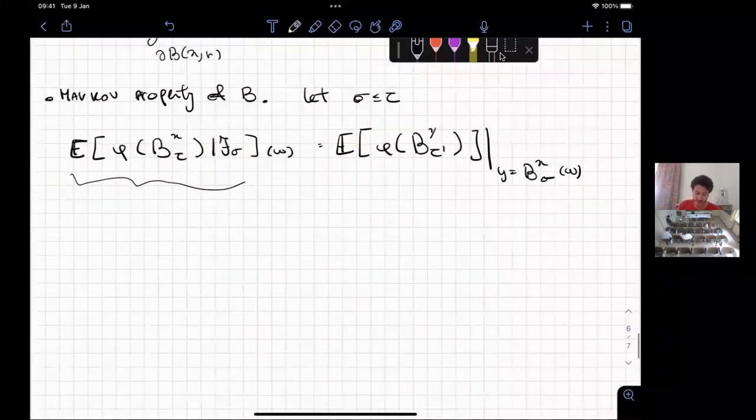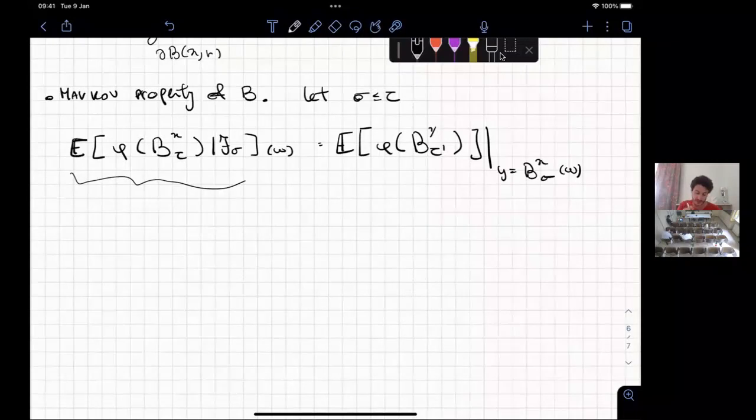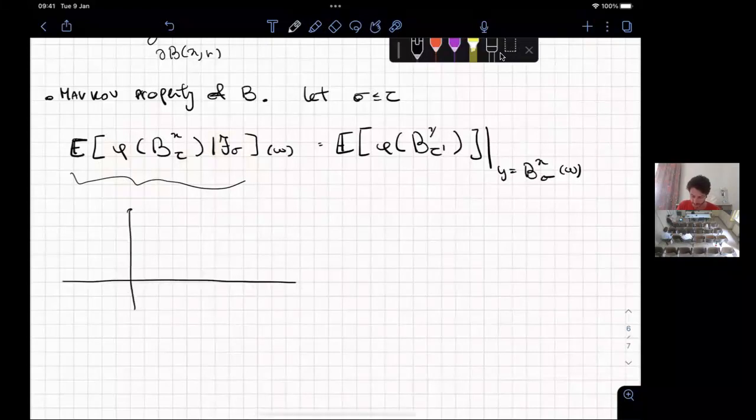This guy is just the conditional expectation. How can we look at this? We can just look at this as the expectation of this guy, but knowing what happened up to time sigma. So in a certain way, we can look at this. Here you have t, here you have sigma.